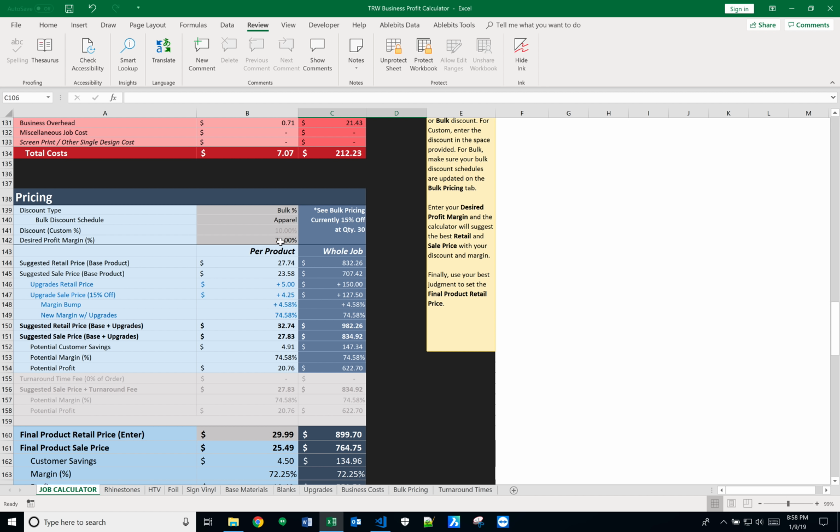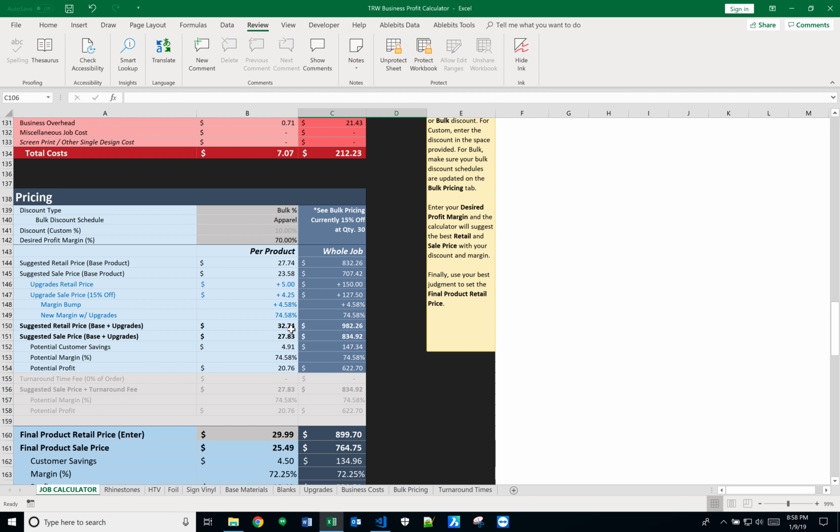Remember, you were saying you wanted your margin at 70%. You're actually going to bump it by 4.58%. And that means your new margin, okay, is going to be, with the upgrade, 74.58%, okay?